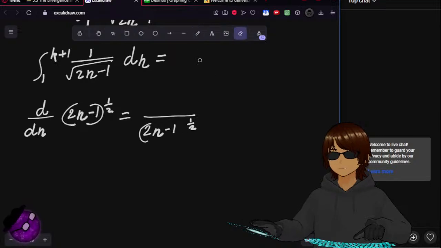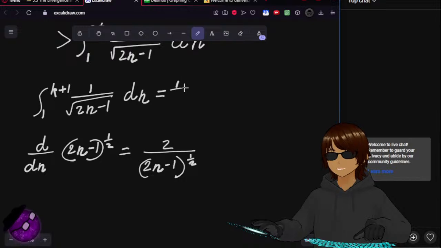Oops. Derivative of 2n is 2. So this is half. Yeah, bring 2 to the other side, half.